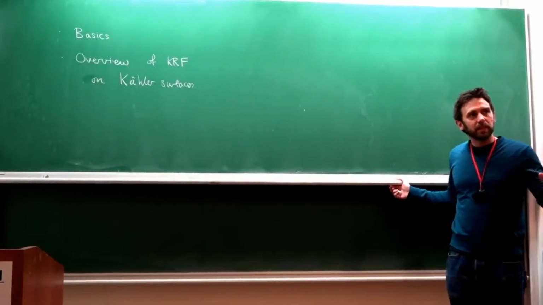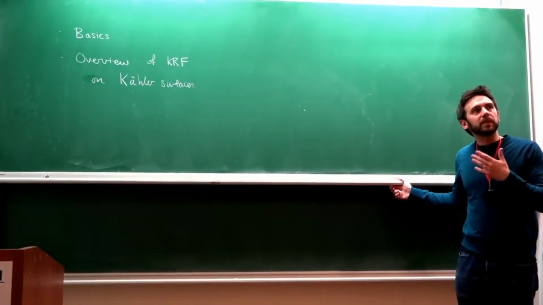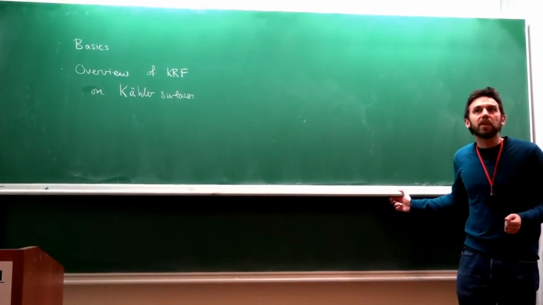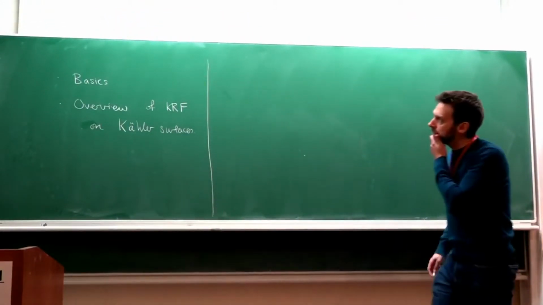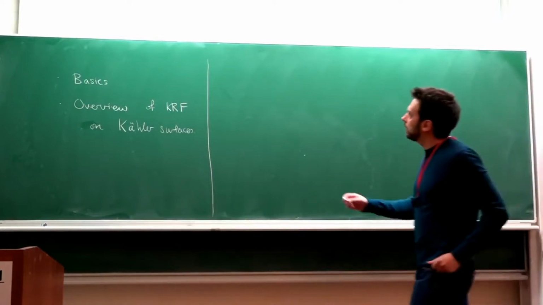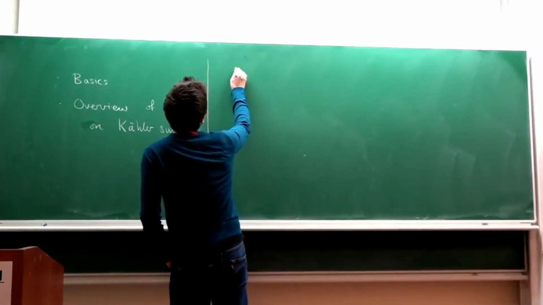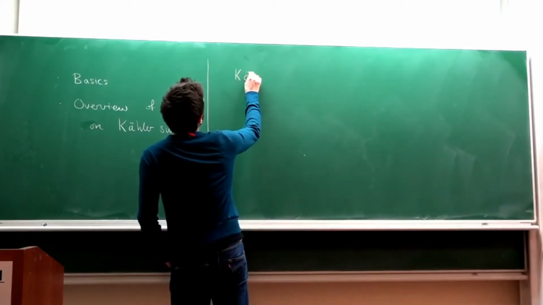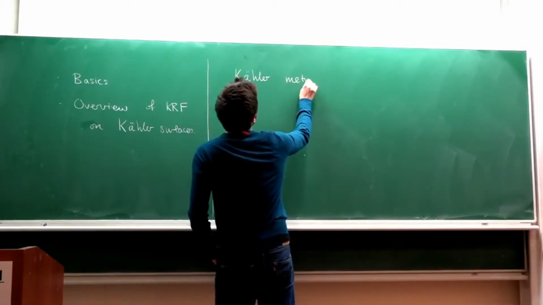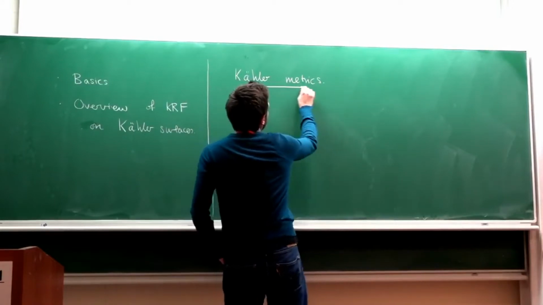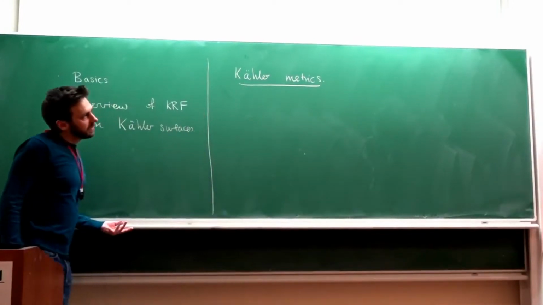I mean, at least there are still some open questions left, but there's not really that many surprises left. Okay, so to begin with, then let me start with just some background on Kähler metrics and Kähler manifolds. So let me start from the beginning.